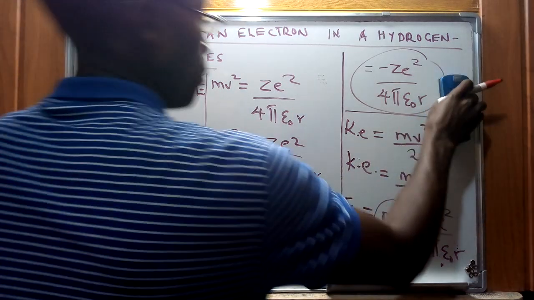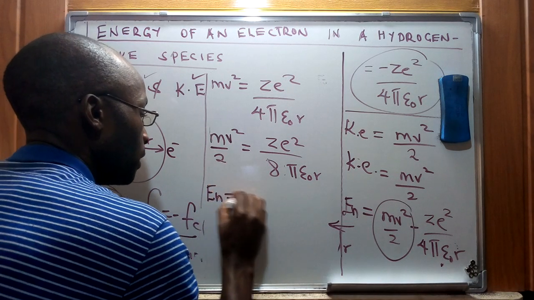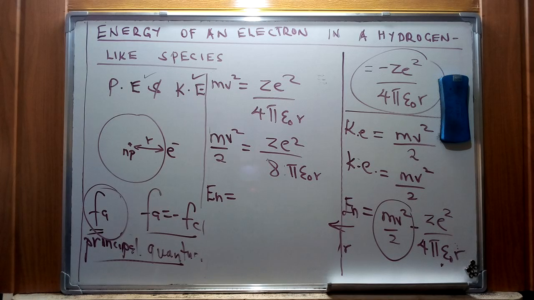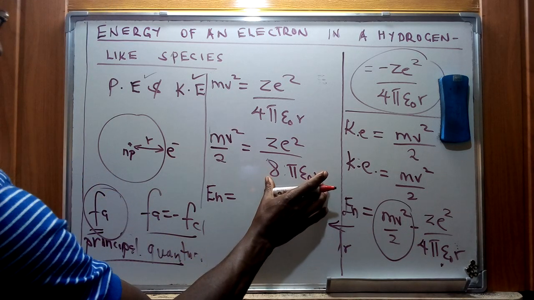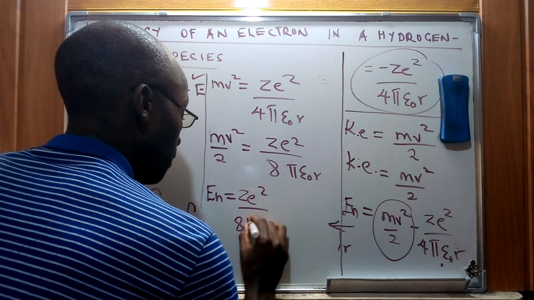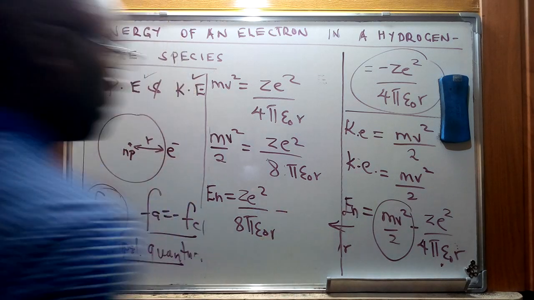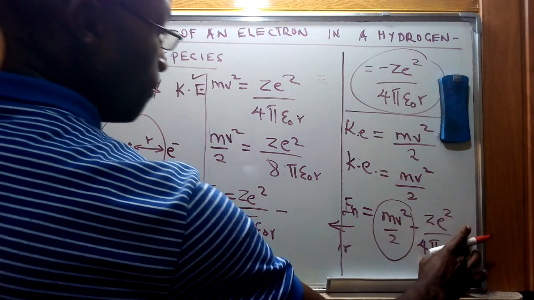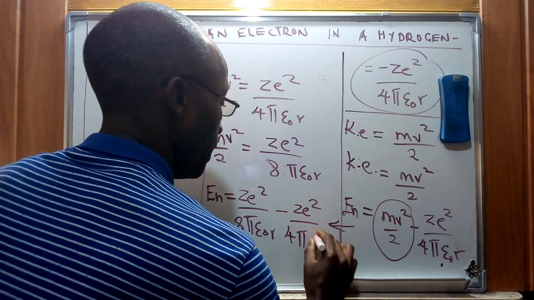So therefore we can illustrate this specific formula, whereby we're going to have En being represented as half mv squared, which is this particular section, which we're going to substitute using that particular figure. So it's Ze squared over 8 pi epsilon r, and then minus this particular value, which is Ze squared over 4 pi epsilon r.